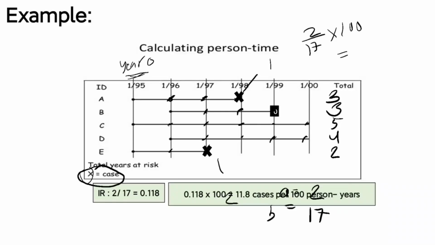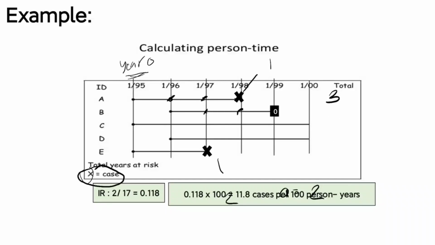So, 0.118. Wait lang. Burahin natin lahat yan. Yan. So, 0.118 multiplied by 100 is equal to 11.8 cases per 100 person years. Okay? So, ganun lang siya kasimple, no?